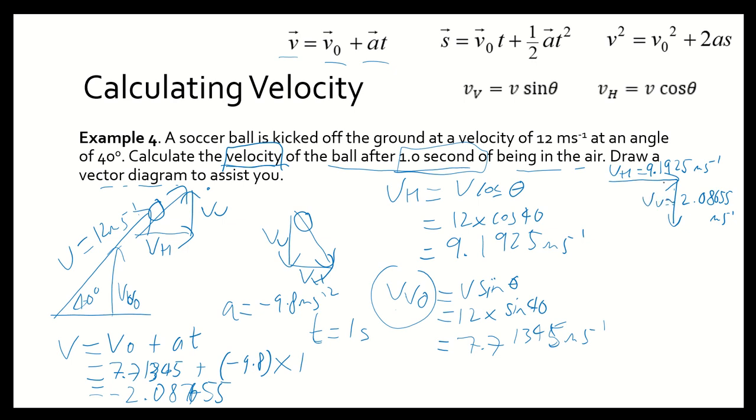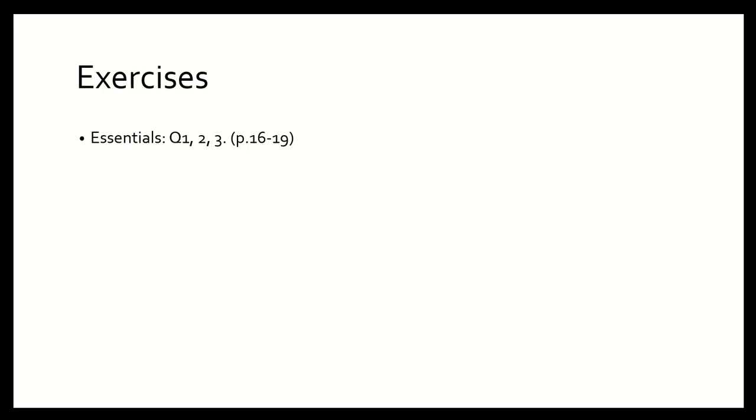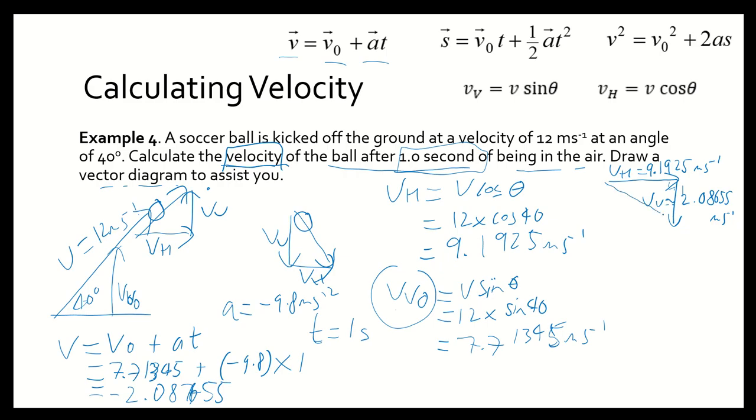So to find our resultant velocity vector, or our velocity after 1 second, we're going to use Pythagoras' theorem to find v, and for our angle, we're going to use trigonometry. Remember, you can skip straight to v equals the square root of the horizontal component squared plus the vertical component squared. Look back over your notes if you're not sure why, but this is just Pythagoras' theorem.